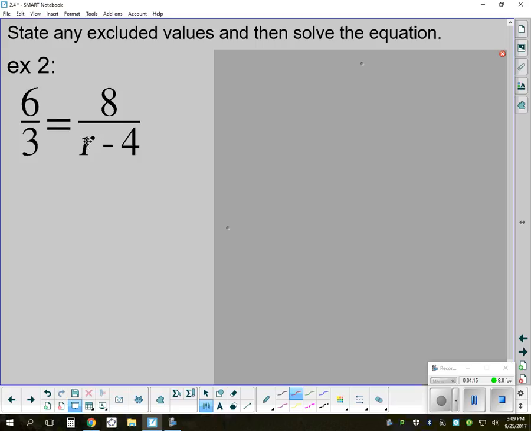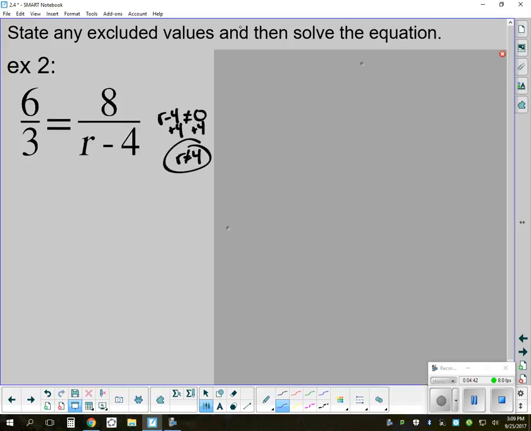So what number could we plug in for r that would give me a 0 down here? You might see it right away. If you don't, that's okay. Take your denominator and say it cannot equal 0, and solve it like a regular equation. You would add 4 on both sides, and we get that r cannot equal 4. That is your excluded value.